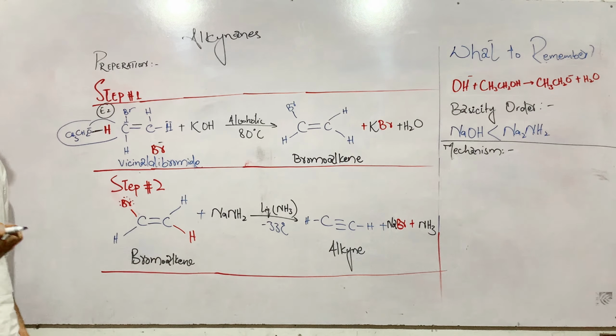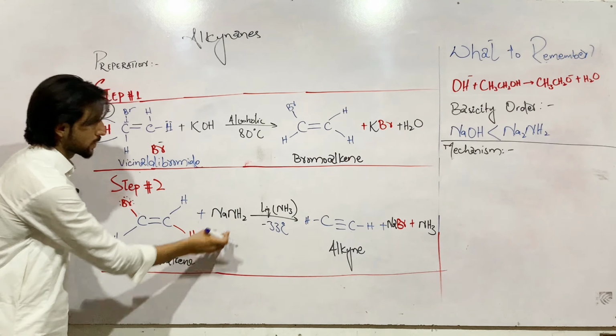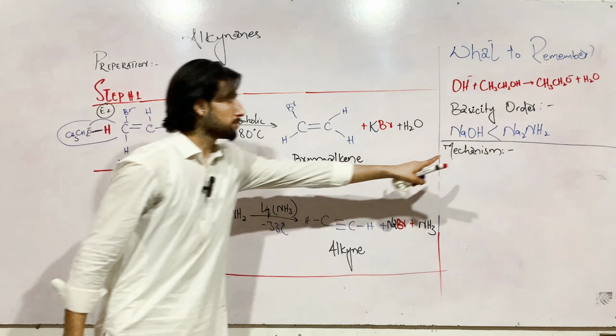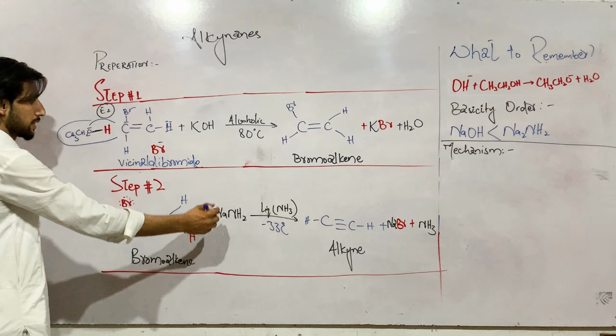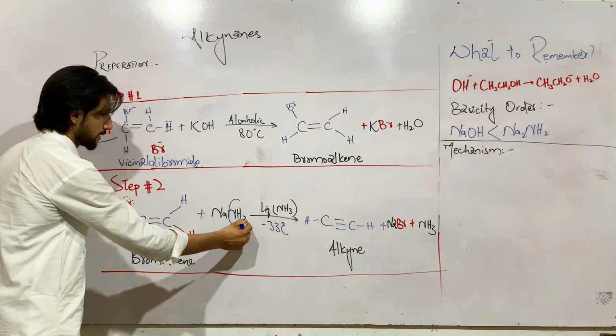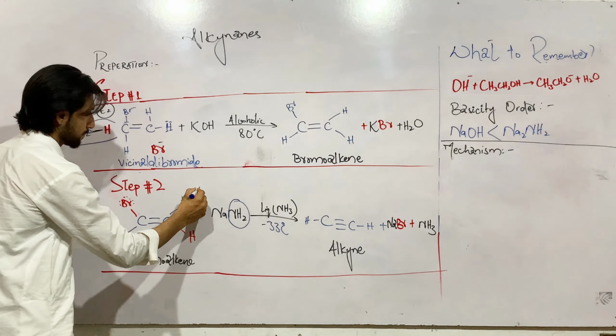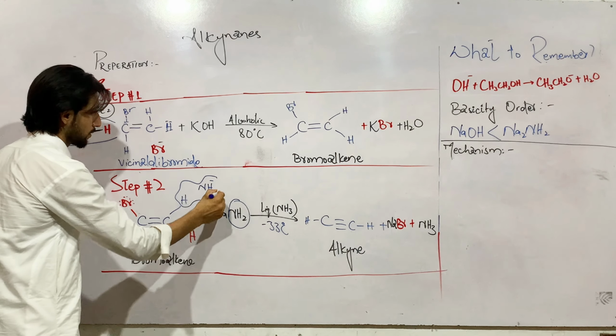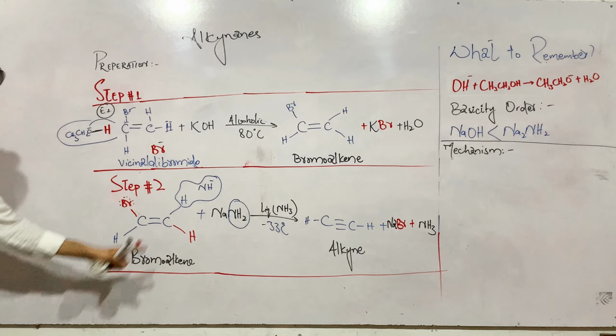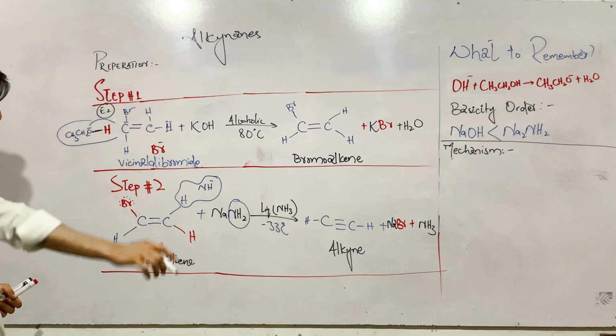We need a stronger base, in this case sodium amide. Sodium amide is a much stronger base than sodium hydroxide. So this amide ion abstracts a proton from over here, this one or this one, anyway.